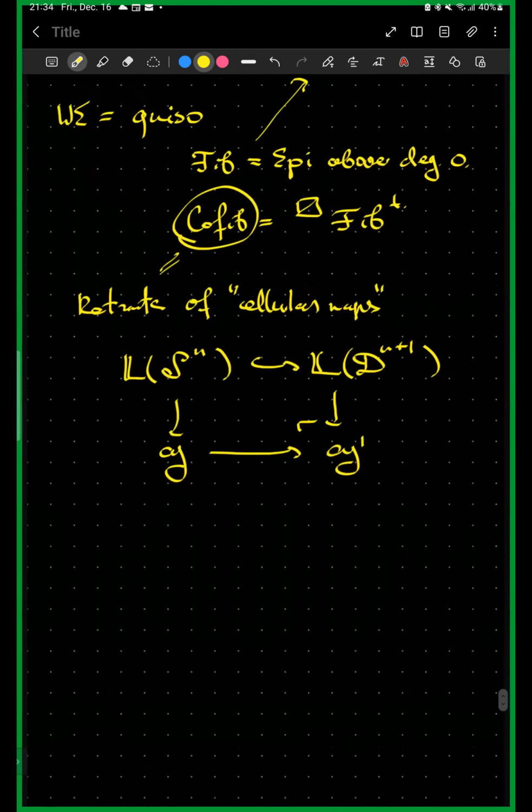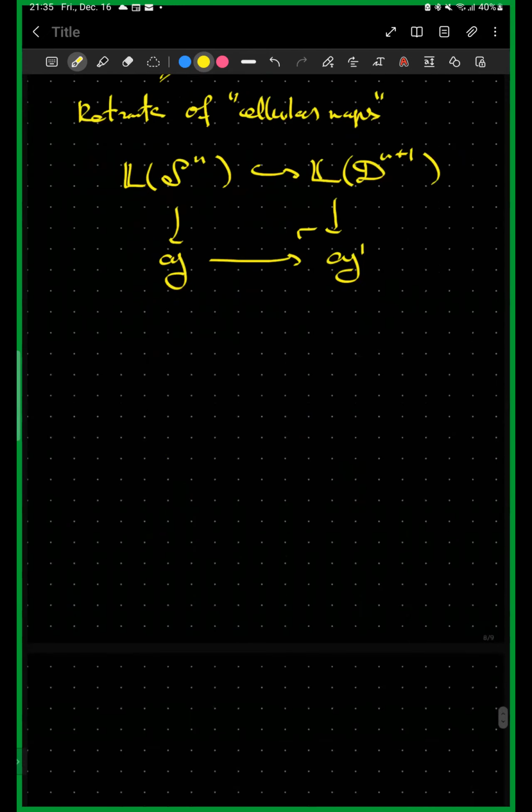But at least we understand how to give model structures in both cases. And then it is fairly routine to check that the adjoint functors between the two categories induce an equivalence.